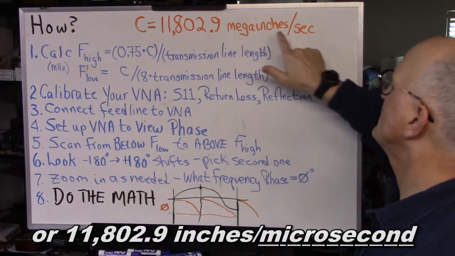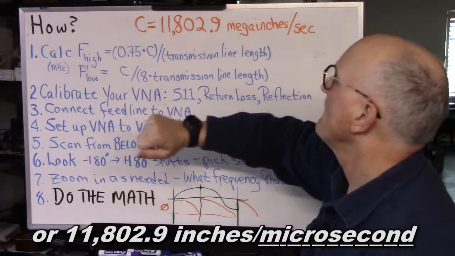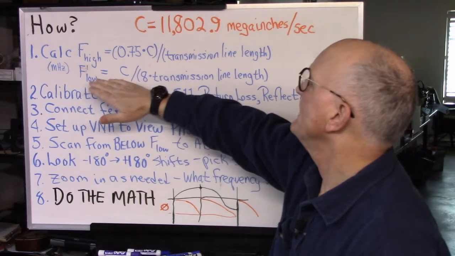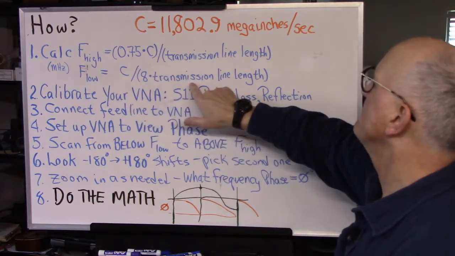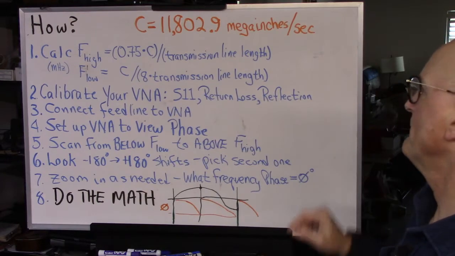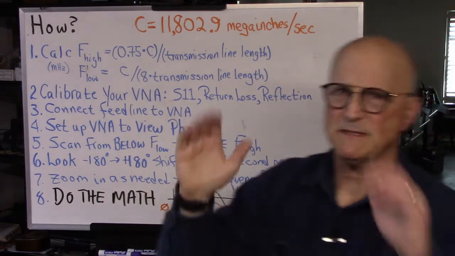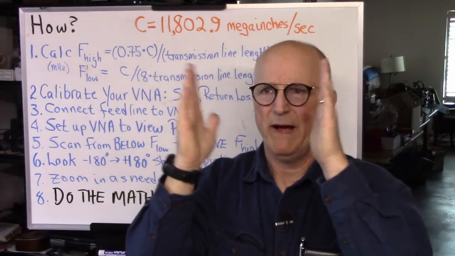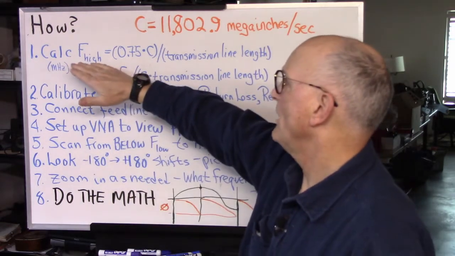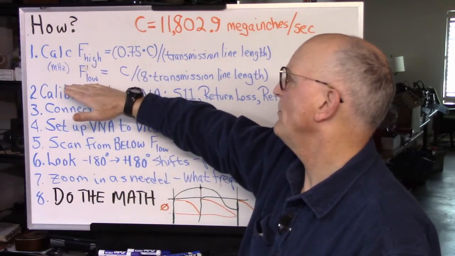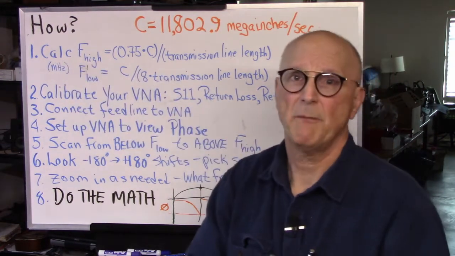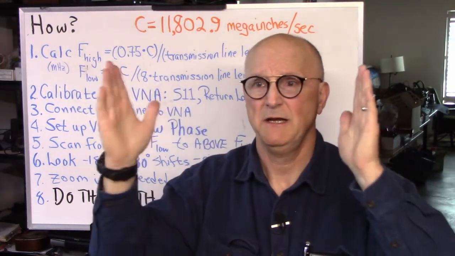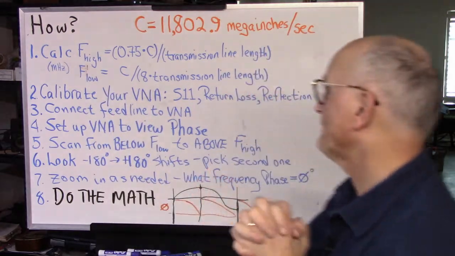And for the low frequency, it is the speed of light divided by 8 times the transmission line length. And this will give you the absolute bounds. You're going to want to scan from below the F sub low to above the F sub high so that you can clearly see everything.